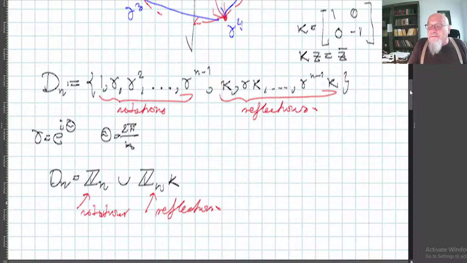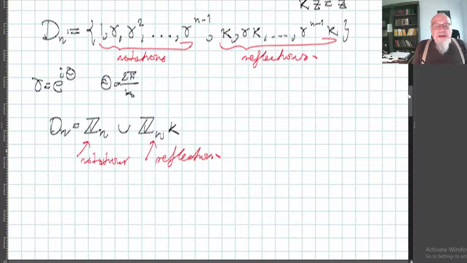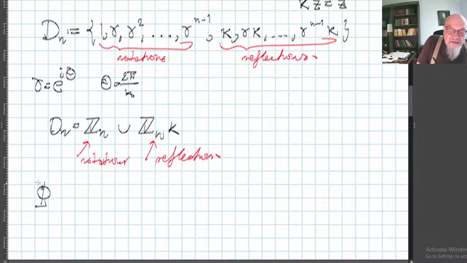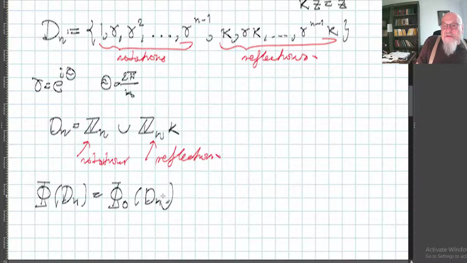Of course here we can think about all the possible subgroups. Notice that since this is a finite group, in our case Φn is actually equal to Φ0 of Dn. That means all the subgroups of Dn are exactly the subgroups required in the definition of the Burnside ring.